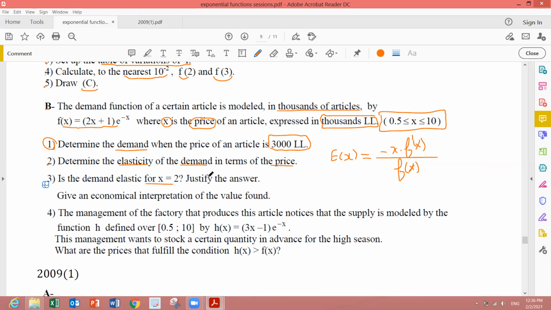Less than 1, it is inelastic. Equal to 1, I call it unit elasticity. So we are going to calculate E of 2. Give also an economical interpretation of the value thus found.